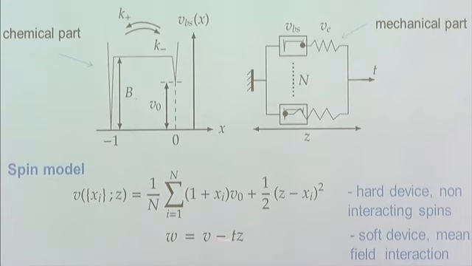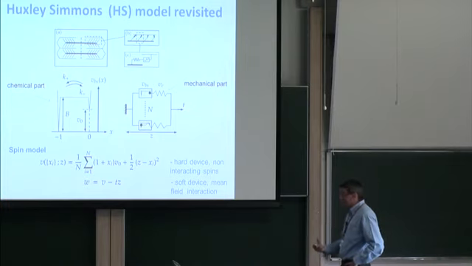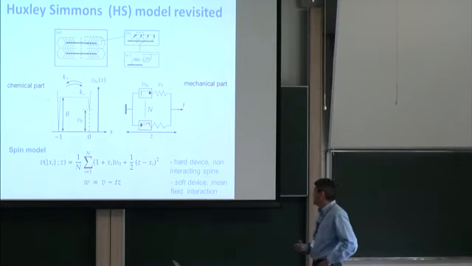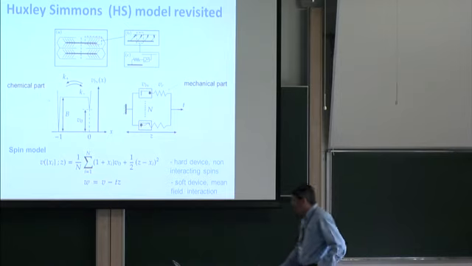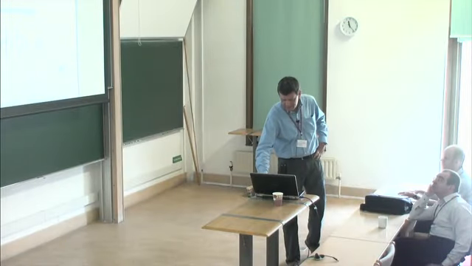If we adiabatically eliminate it, then we see that the energy depends on the sum of x_i squared. And this is already a mean field interaction. That means individual units now interact exactly like in a Curie-Weiss model of ferromagnets. This interaction will eventually give rise to ordering and cooperative behavior. It was already in this model, but you had to consider controlled force rather than controlled displacement.